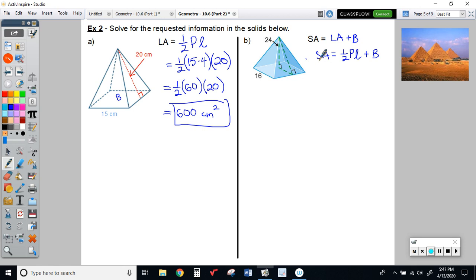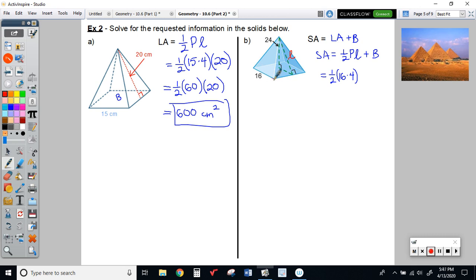And then part B, the lateral area plus the base becomes 1/2 PL plus B. So in this one, perimeter is going to be 16 times 4. You can assume this is a regular polygon once again. And then slant height, on this one, this is your slant height. You are told the height of the pyramid, but not the slant height of the pyramid.